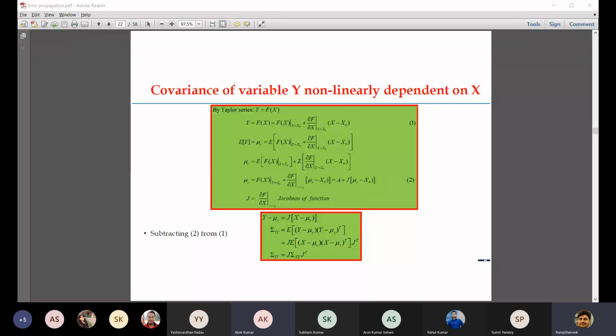So mu z equal to 2 times mu x plus 1. No, mu x plus 1, why 1? Sir, you said the equation is z equal to 2x plus 1. No son, I said 2x1 plus x2. Sorry sir.